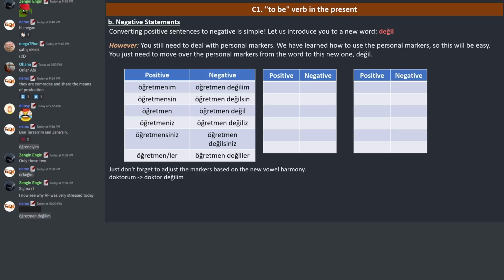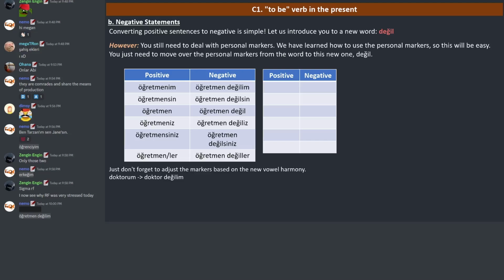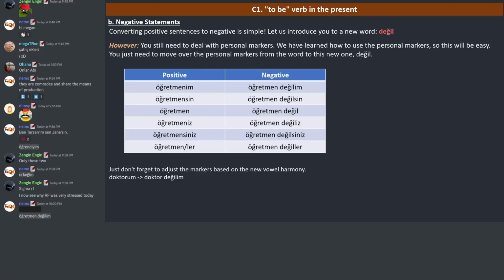We will do more examples later, so I will delete these two tables. It's always moving the personal markers to değil. If it's im, you put im on değil. Değilim. I'm not. Öğretmensin, you are a teacher. Öğretmen değilsin, you are not a teacher.